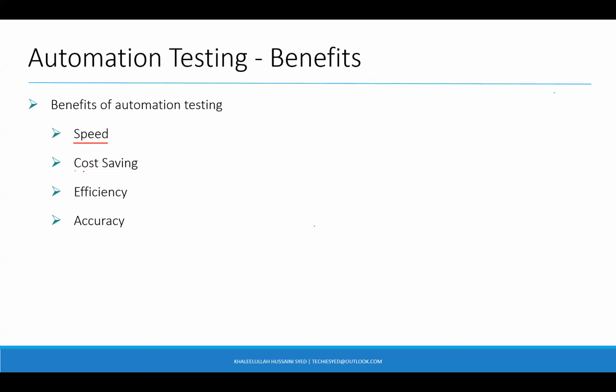It is also cost saving because you are going to reduce the number of people who are involved in writing the tests, and these tests are executed by the machines. So it is cost saving as well as you get better efficiency. That means you can run these tests repeatedly for a number of times as per your requirements, and you get better accuracy as well with the help of automation tests.